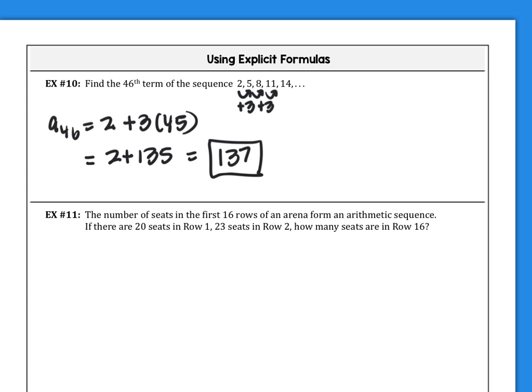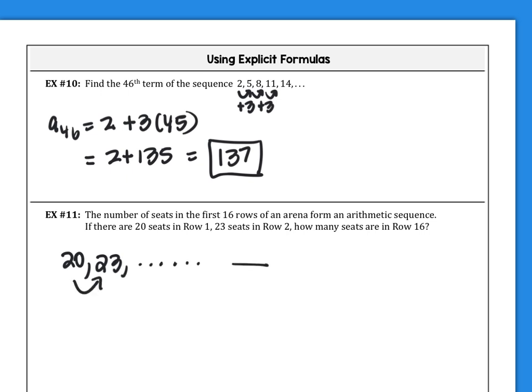Okay, example 11. The number of seats in the first 16 rows of an arena form an arithmetic sequence. If there are 20 seats in row 1, 23 in row 2, how many seats are in row 16? All right, so the first one is 20, then it's 23, and we want to know the 16th row, way down there.